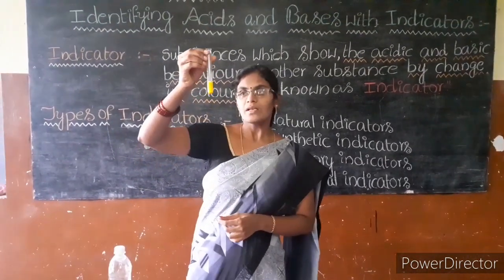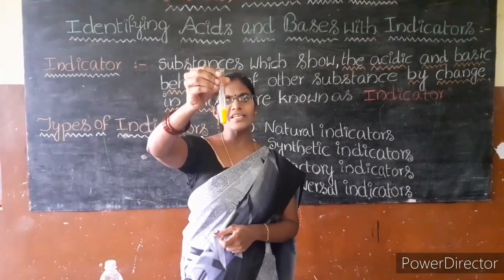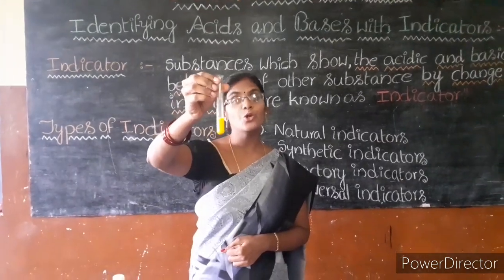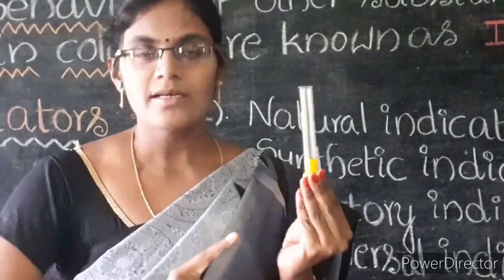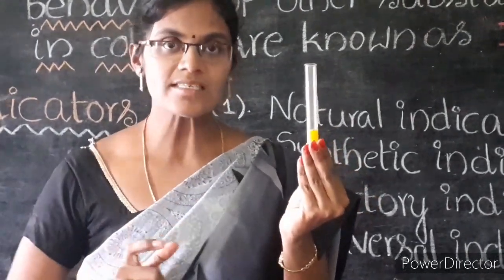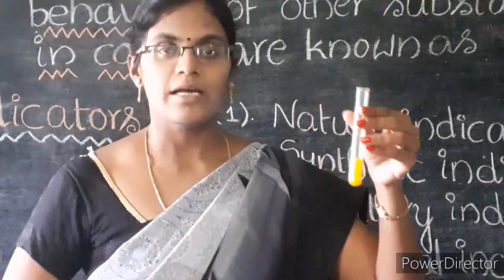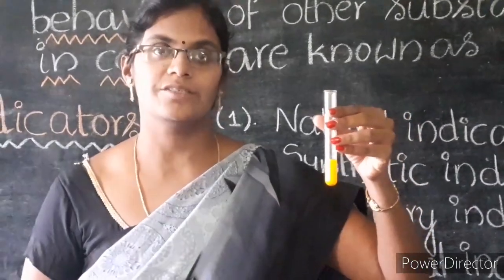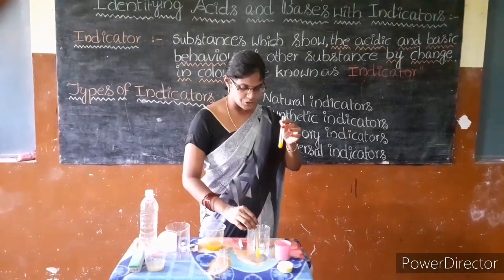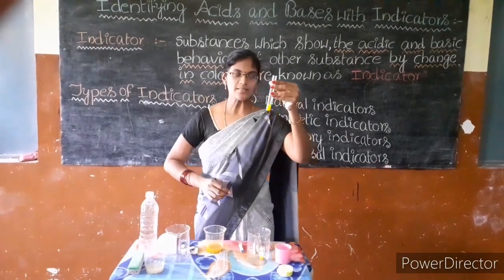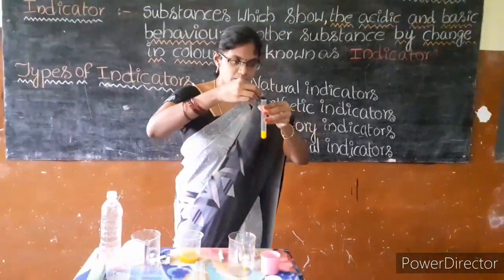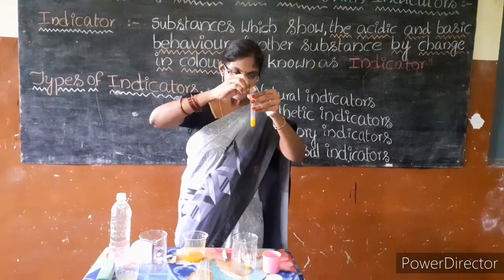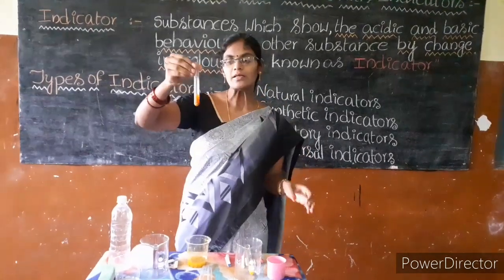Okay. Children, can you observe any change in color? No. What does it explain? This means in acids, the color of the turmeric doesn't change. Take another test tube which contains turmeric water and add a small quantity of washing soda to it.